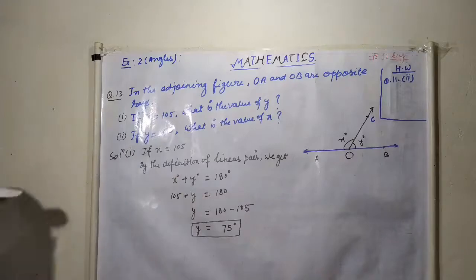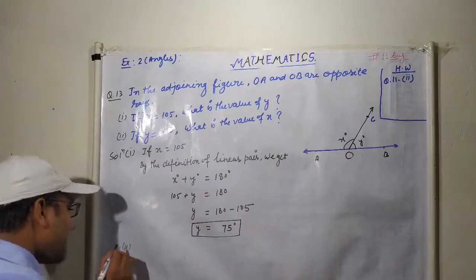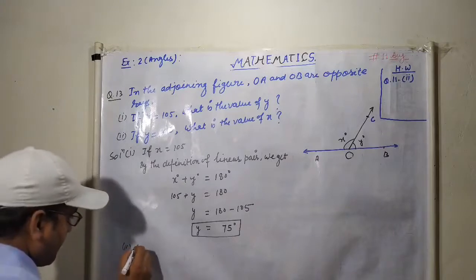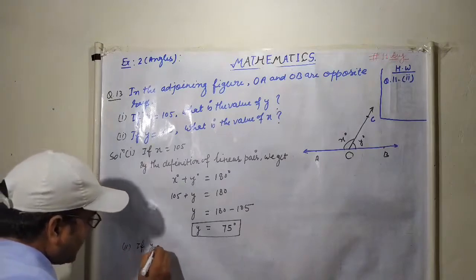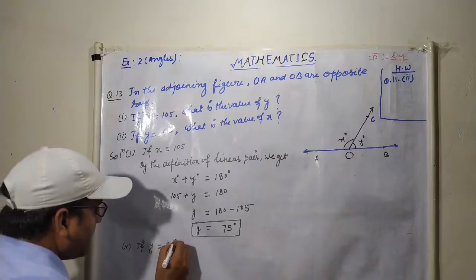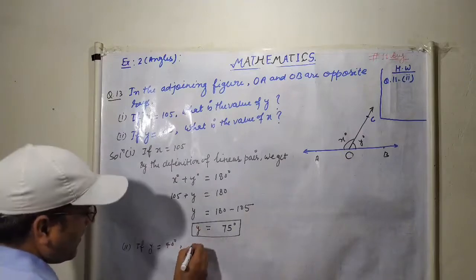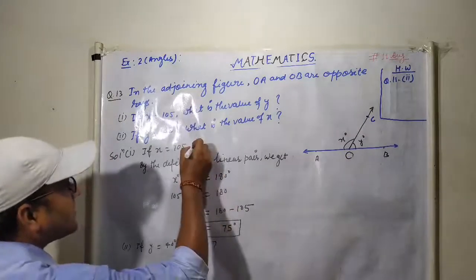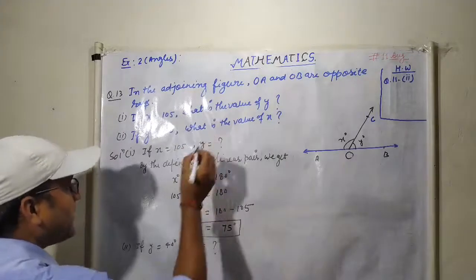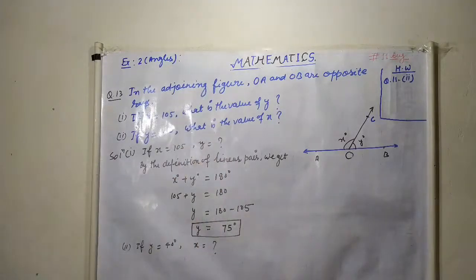Now the solution for the second one. If y is equal to 40 degrees, what is the value of x? Very easy, this one is also the same thing.